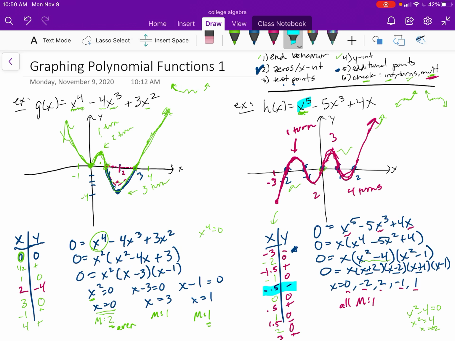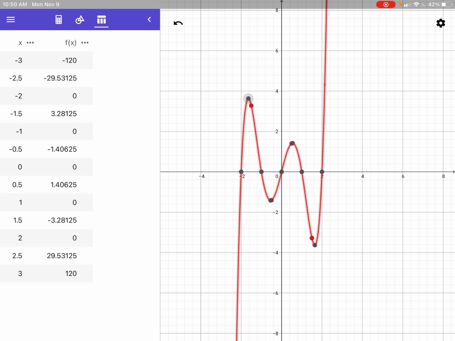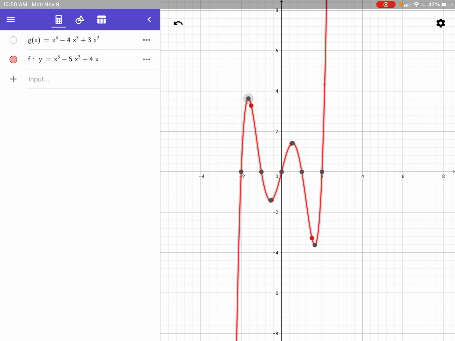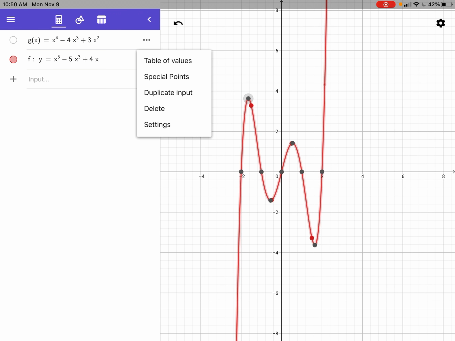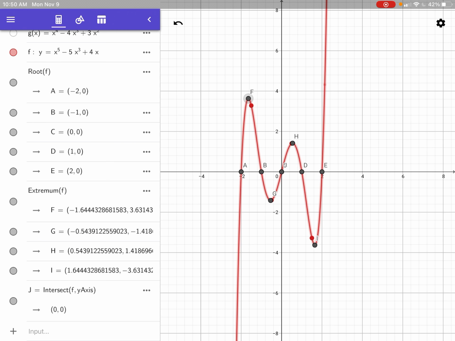At -1/2, I got a negative. Okay, bouncing back. Let's go back to the function itself. Special points are often helpful, but that's quite a bit of information, and sometimes it's slightly off, and I believe the first example will show that. This one looks good though.